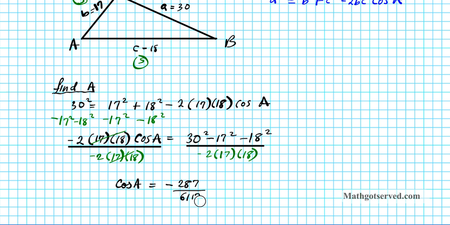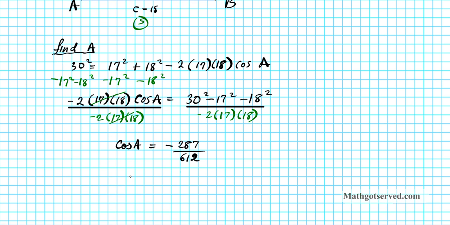Now to get big A isolated, we'll take the inverse cosine of both sides. So A is basically going to become the inverse cosine of this expression right here, negative 287 over 612. All right, let's plug that into our calculators and see what we get.